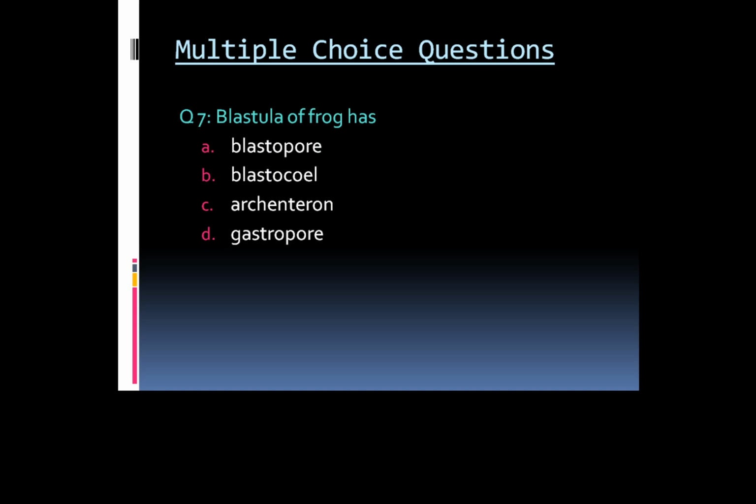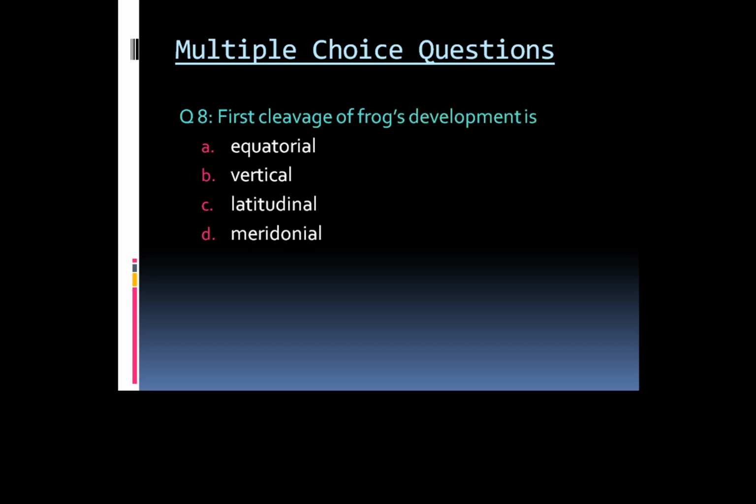Blastula of frog has A, blastopore, B, blastocoel, C, archenteron, or D, gastropore. Question 8. First cleavage of frog's development is option A, equatorial, option B, vertical, option C, latitudinal, or option D, meridional.